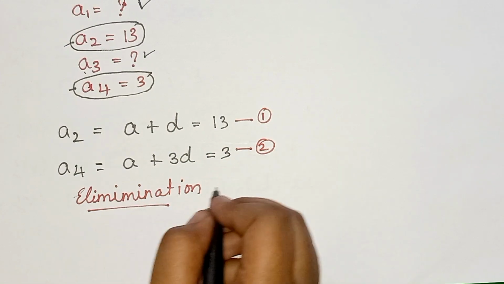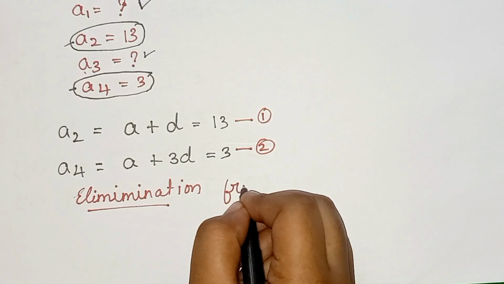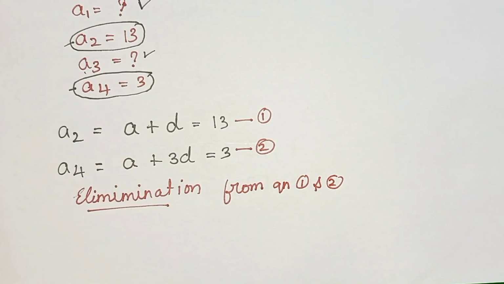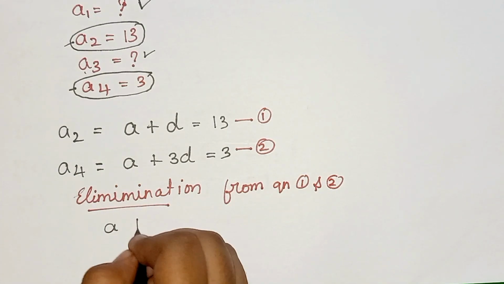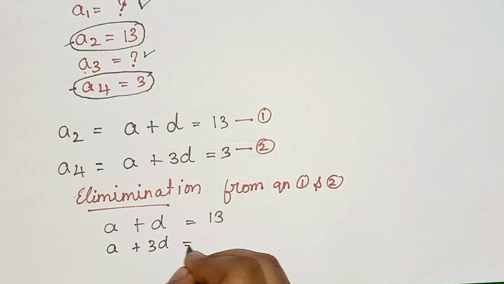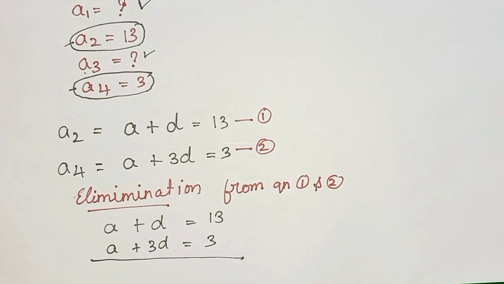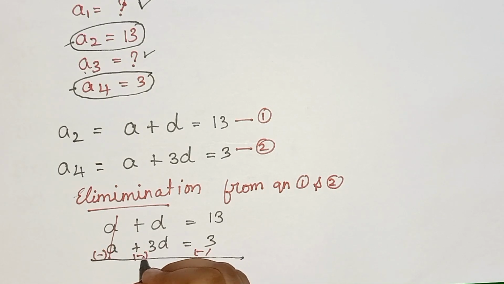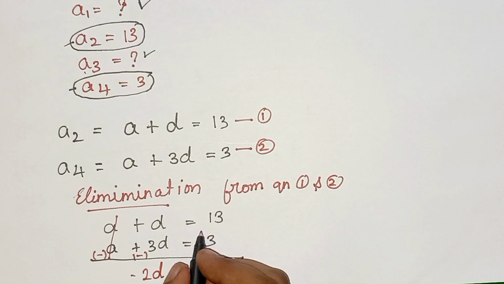According to the elimination method, from equations 1 and 2 we have to solve: A plus D is equal to 13 and A plus 3D is equal to 3. So now let us change the signs. Here plus means minus, here plus means minus, so A cancels, and 3 minus 1 is 2, so minus 2D. Here the greatest number is 3, that's why minus, is equal to 13.